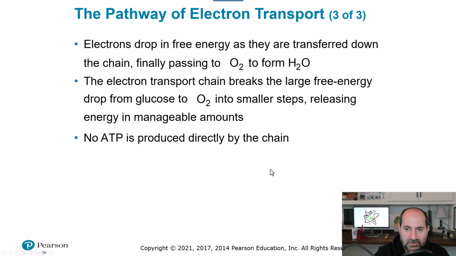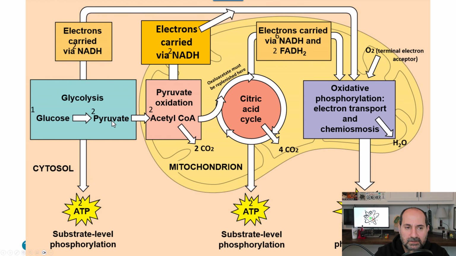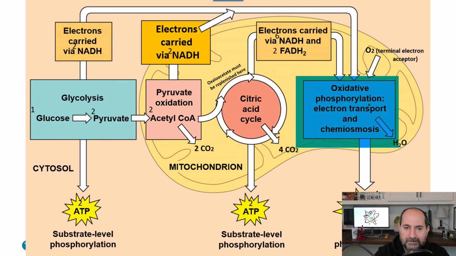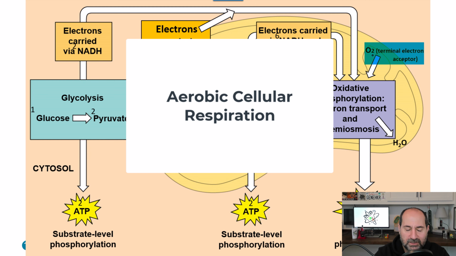So just so you understand the big picture one more time, do you see everything here, including glycolysis, pyruvate oxidation, which by the way is also known as oxidation of pyruvate, citric acid cycle, and oxidative phosphorylation? If all of these phases are occurring, if all of these things are working, and your terminal electron acceptor is oxygen, that is known as aerobic respiration.